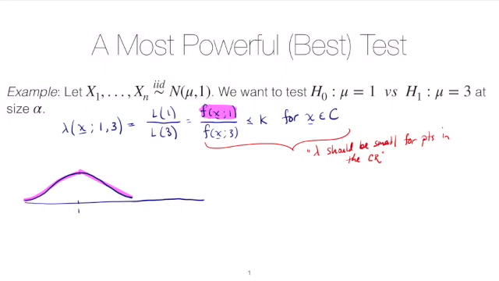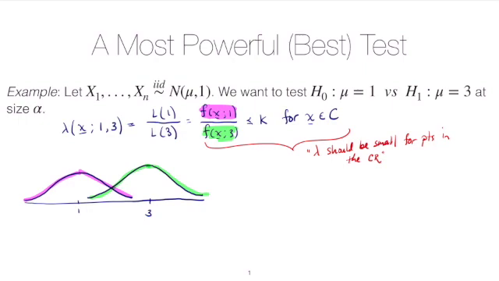And maybe we'll highlight this one in green. And what we're trying to do here is figure out where we can place C, which is the boundary of our critical region. So we're going to think about a critical region as just an interval along the real line.